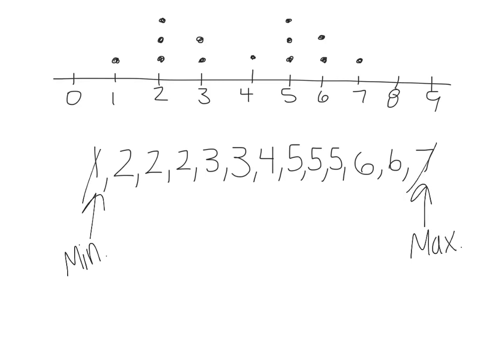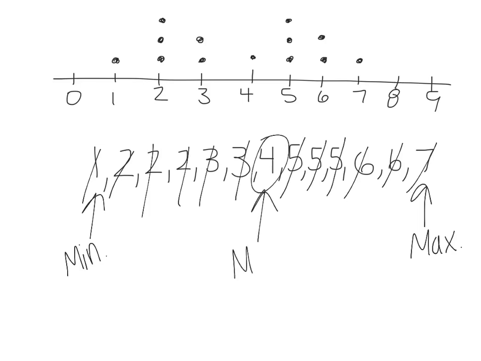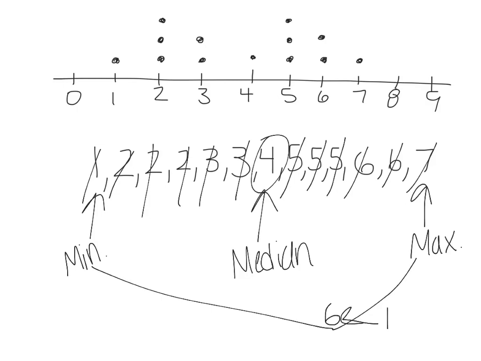The median, I can cross off till I get to the middle, 4, here's my median. My range, maximum minus the minimum, 7 minus 1, 6. So these data landmarks are a lot easier when I'm looking at the list of numbers.